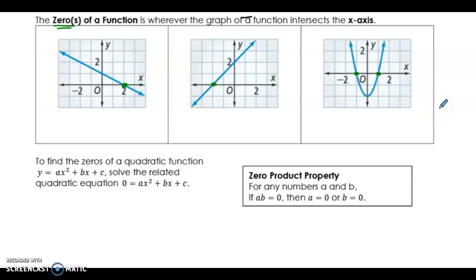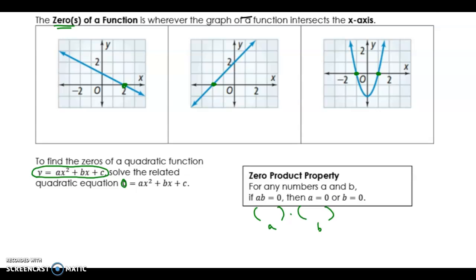So to find the zeros of a quadratic function, we're going to take our equation y equals ax squared plus bx plus c, and then set it equal to 0, okay, instead of y. And then remember the zero product property. If you have a factor times another factor, that's like our a times b, then one of them has to equal 0 or both of them have to equal 0.